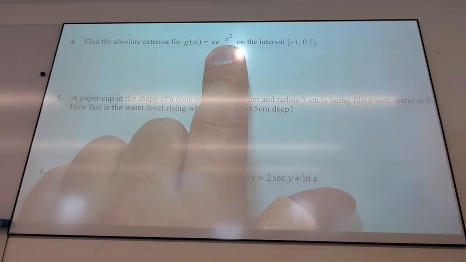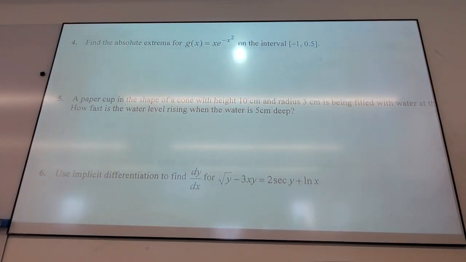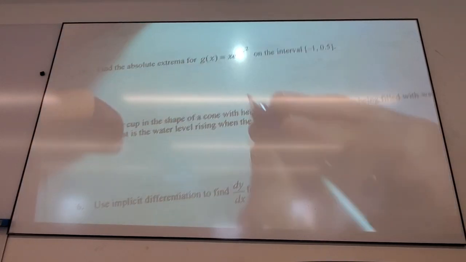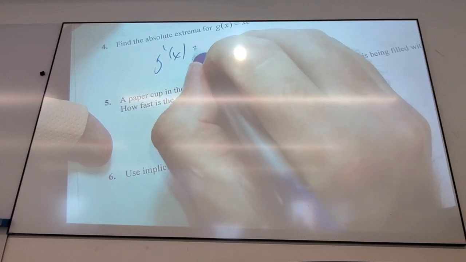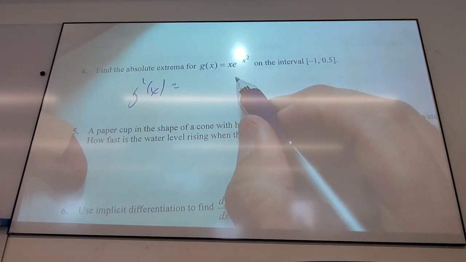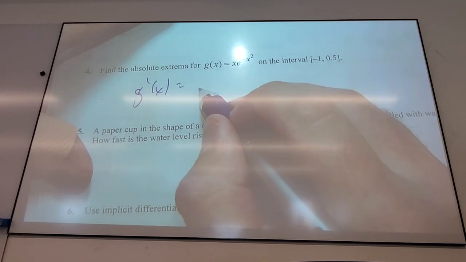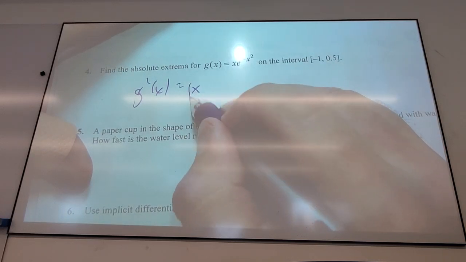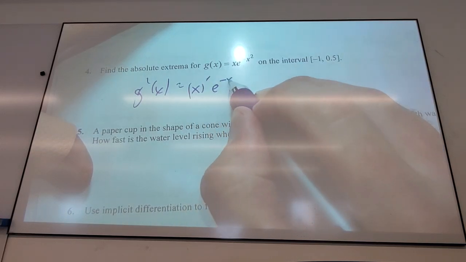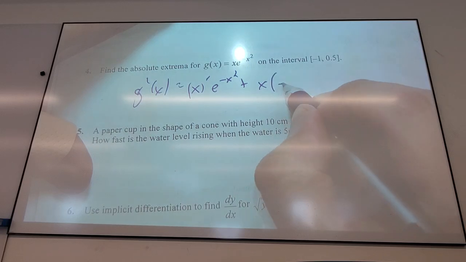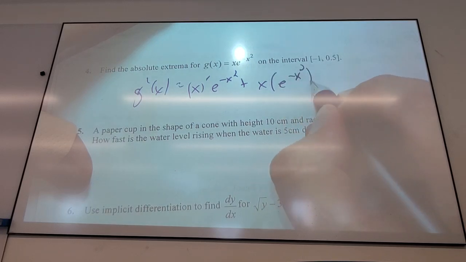So if I wanted to take this guy's derivative, what would be involved? Product rule, yeah. So let's see. How do I take this guy's derivative? If I want to be nice to myself, I can say x prime e to the negative x squared plus x times the derivative of e to the negative x squared.